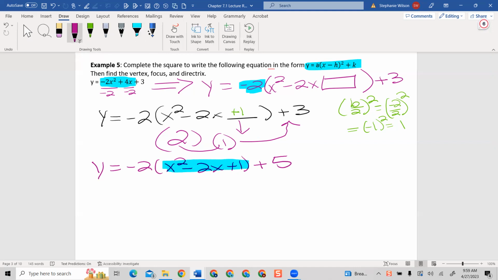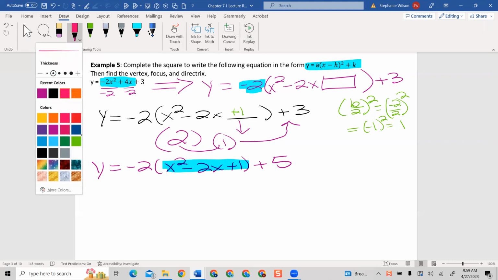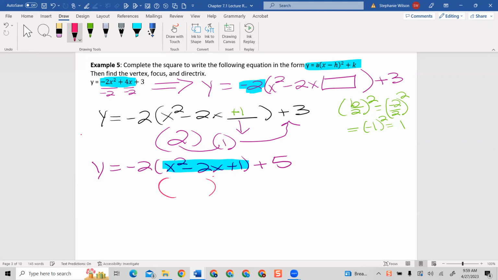And I'm going to write it in its perfect square format, like this, right? So I know that x is going to lead it. I know that I need a product of 1 that will multiply and add. So another way to look at it is, whenever we talked about parabolas, we got ax squared plus bx plus c. I put 1 there, sorry.